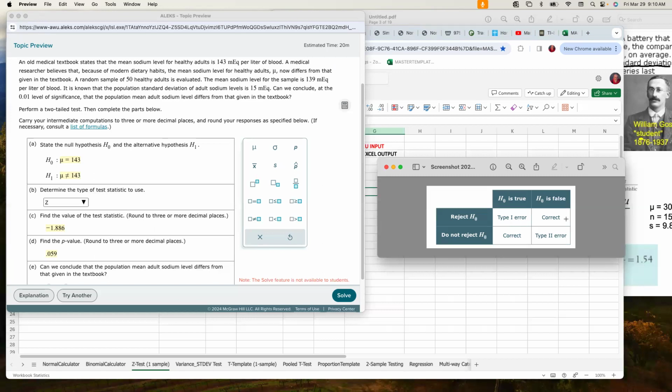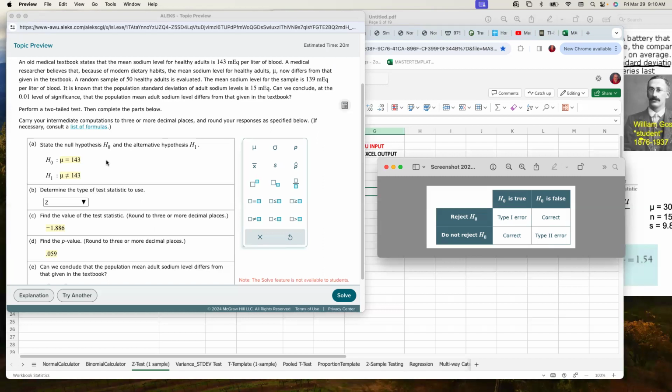On the flip side of that is if it is not true, that is it truly is different, and we fail to reject it. Okay, in other words, the null is false and we don't reject it. Well, then again, if we go back to this and say, hey, we're saying 143, they're good, but really we should be medicating them, right, we should be rejecting and medicating them.